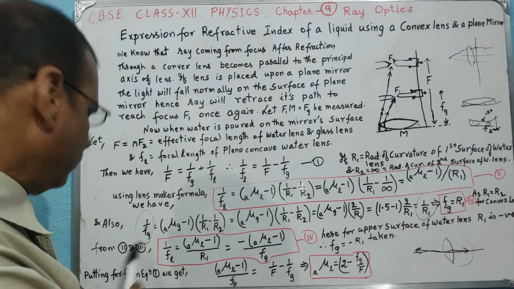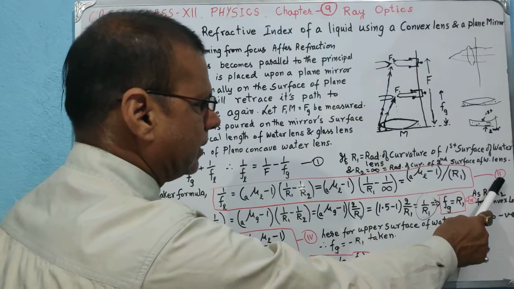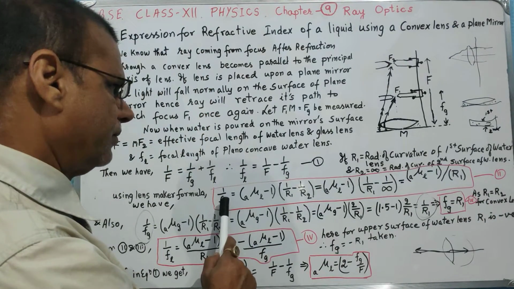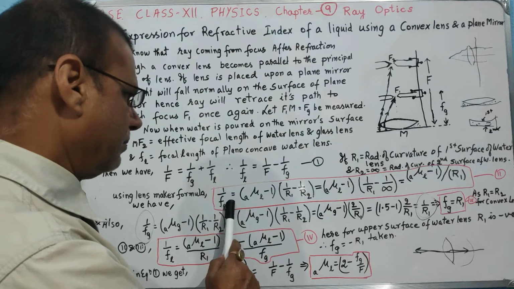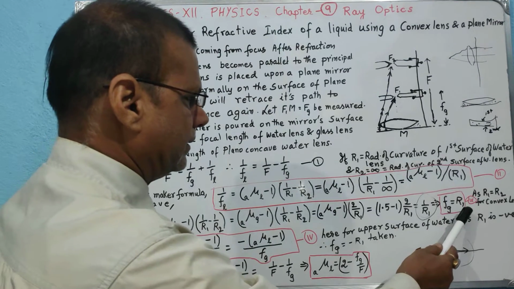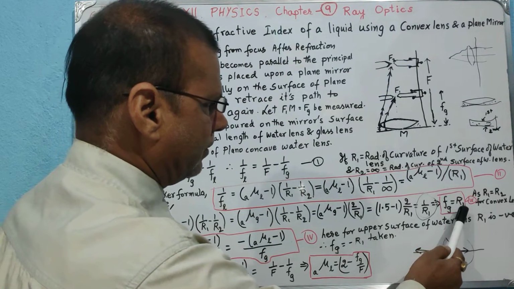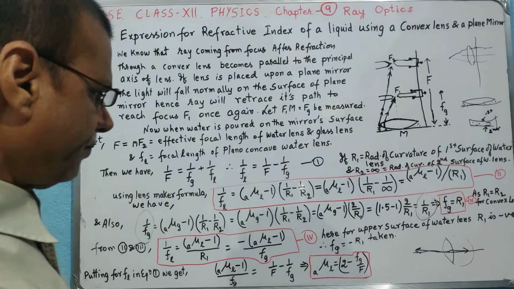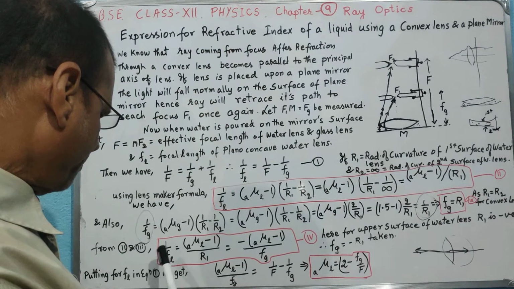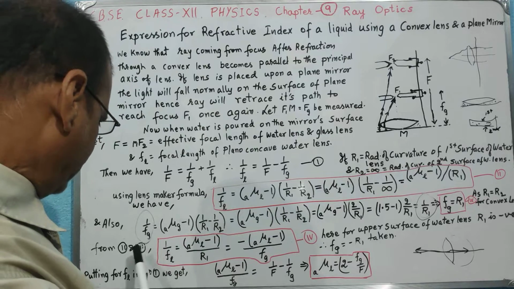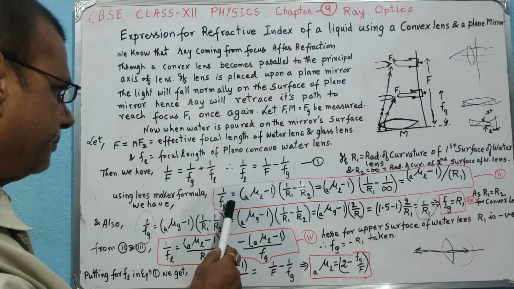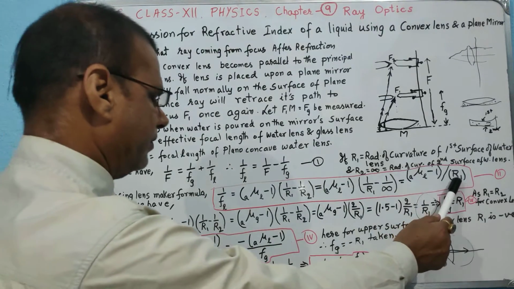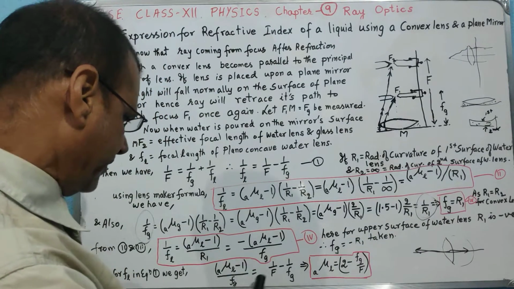And from equations 2 and 3, here you see this is equation number 2. We have got the expression for 1 by FL, and here is equation number 3, where we got the value of R1 in terms of Fg. So we write 1 by F. You see, in this expression for R1 we can write Fg.